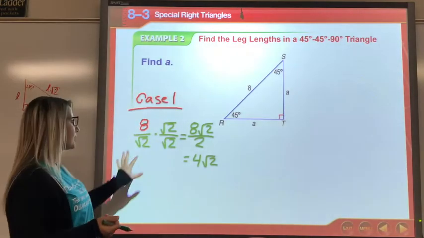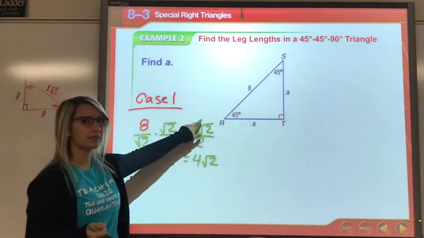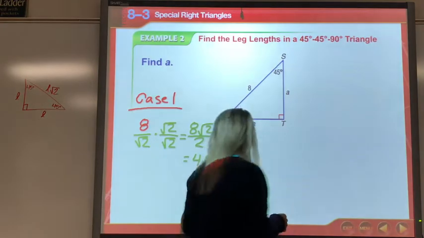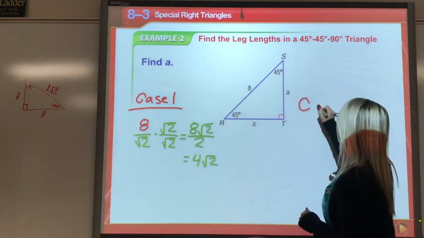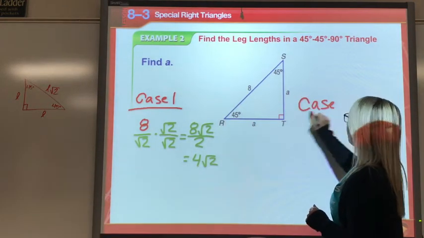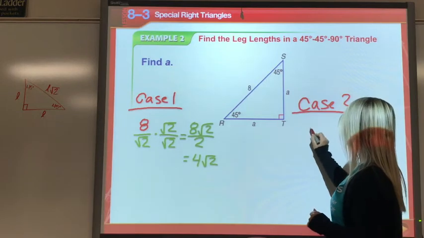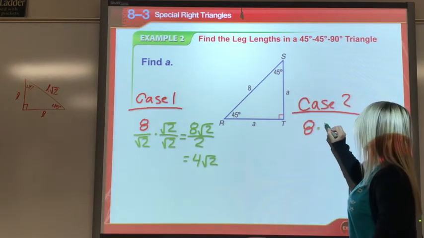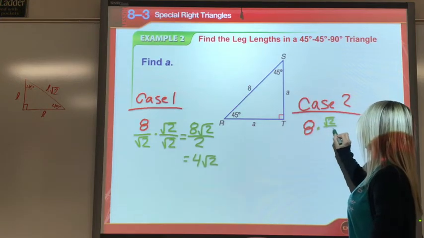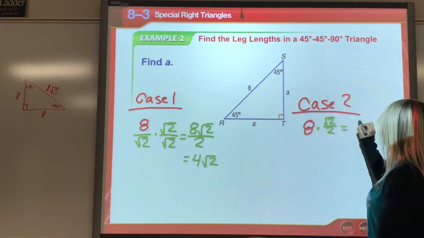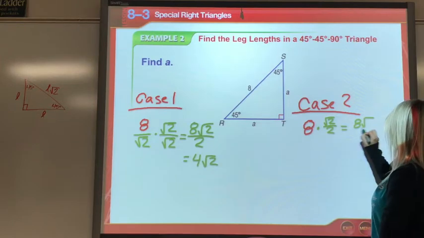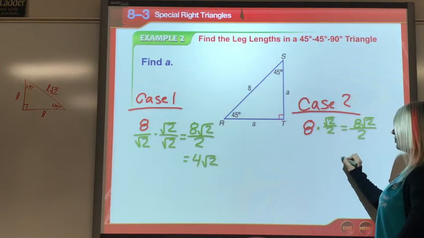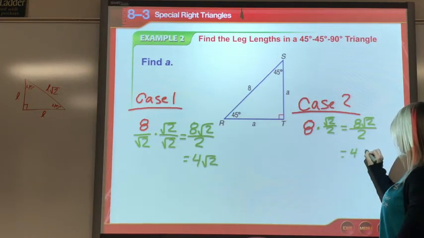Okay, now notice that we kind of did this in there. So over here, in case 2, if I just wanted to take the 8 and multiply that by root 2 over 2, that gives me 8 root 2 all over 2, and from there I can simplify it to 4 root 2.